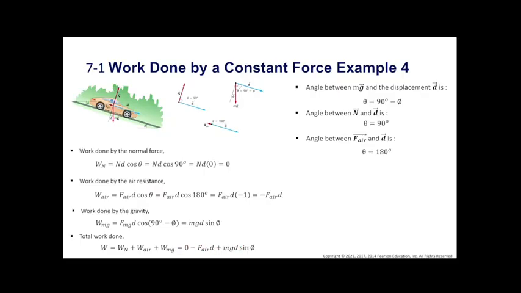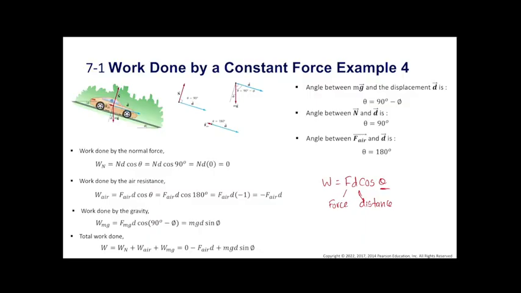Now this is the end of the first section of chapter 7. So far we learned that the work done by a force is W, which is F d cosine theta. Here F is the force, D is distance, and theta is the angle between the force and the displacement.